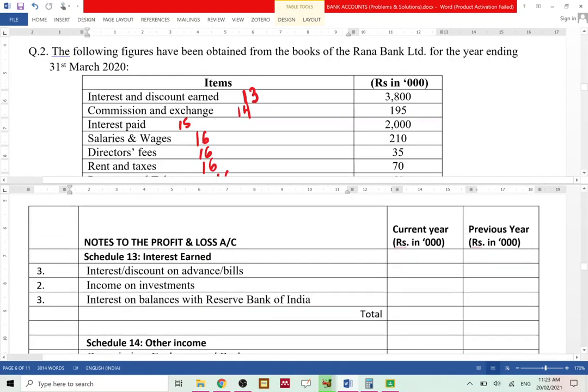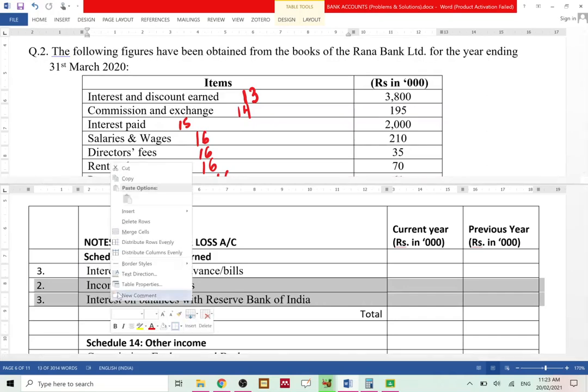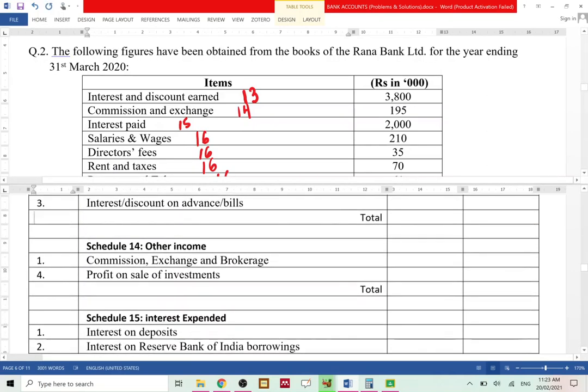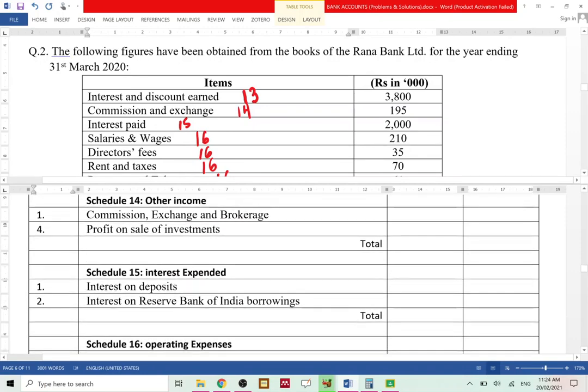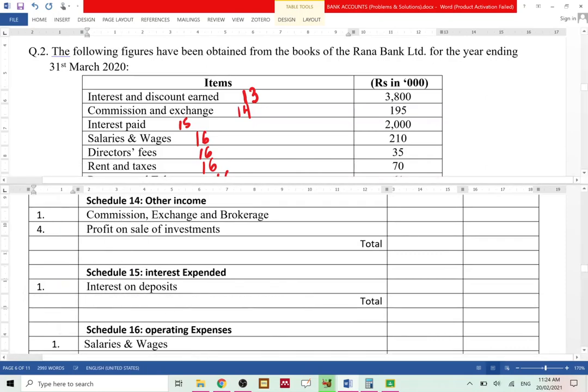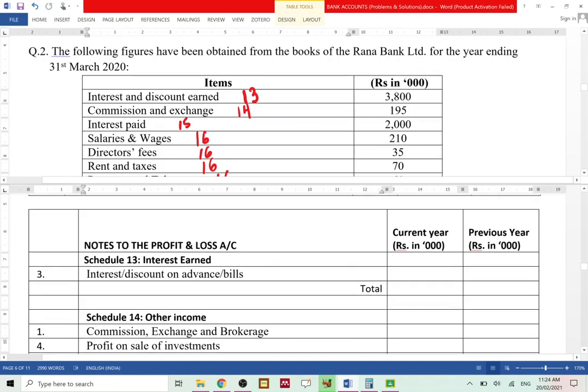And then you have the notes. Of course, the notes will also differ depending upon what type of income and expenditure is provided to you in that particular problem. Okay, so let's get started here and we will see what items go into each one of these schedules and accordingly get the totals for each of the schedules.